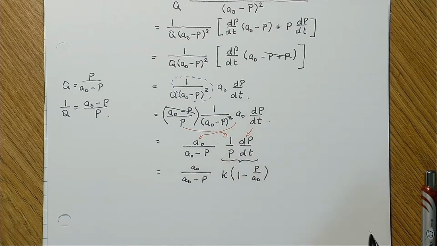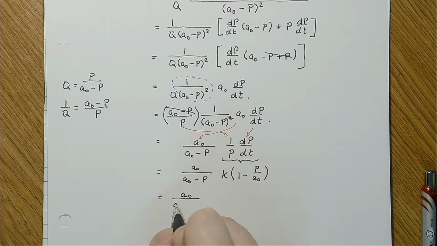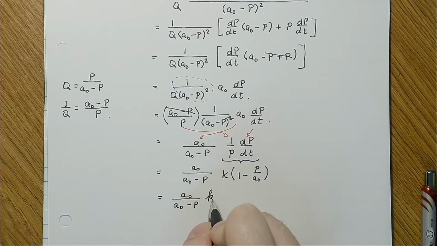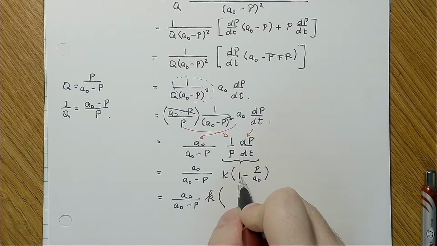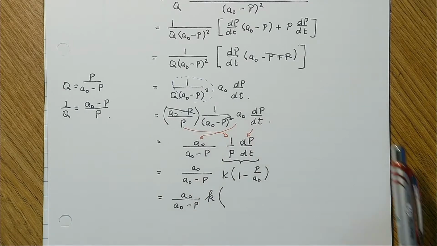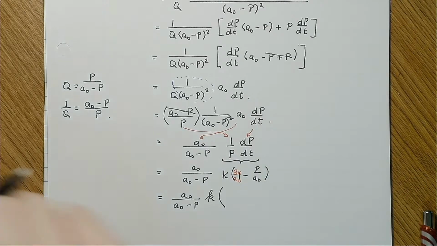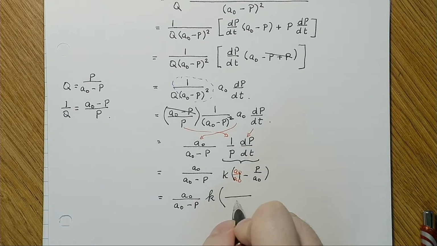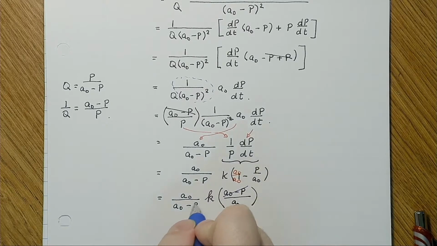And what else can I do? I'll leave this alone, so I'll have the a naught over a naught minus p. I have the k. And what I'm going to do is rewrite this 1. So instead of 1 here, it's going to be a naught over a naught. So when I do that, I can rewrite that as a naught over a naught minus p, which means that I can cancel this here and this here.